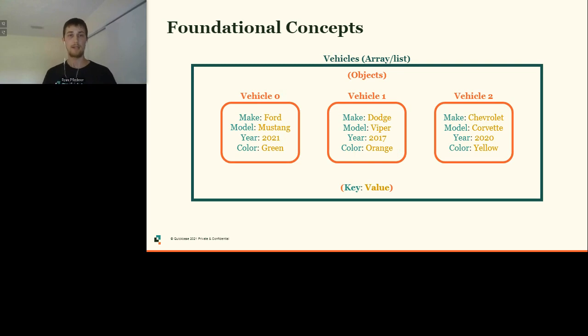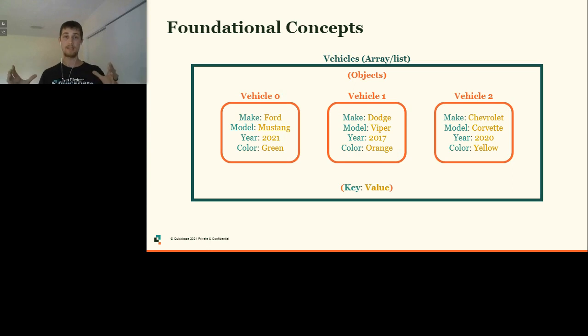One way to think about this is in terms of Quickbase: vehicles would be a table. Each of those vehicles within that table, or within that array, is a record. And then within that record, we've got a set of fields and values for those fields.